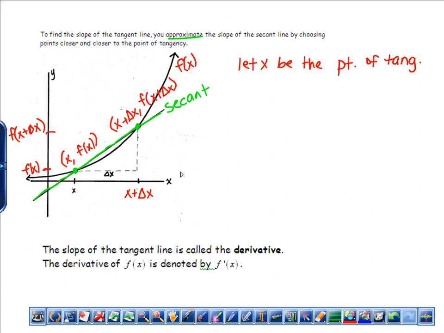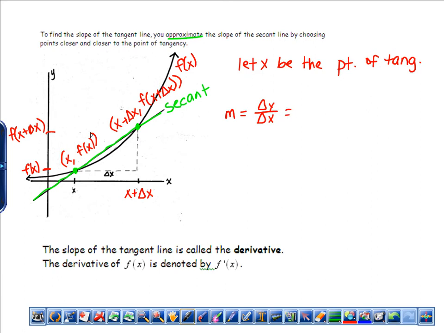You may think, well, this is all a waste of time. Okay, well now let's think about how we would find the slope here. All right, the slope we know would be change in y over change in x, because it's a line. We're talking about the secant line here. So let's expand this just a little bit.